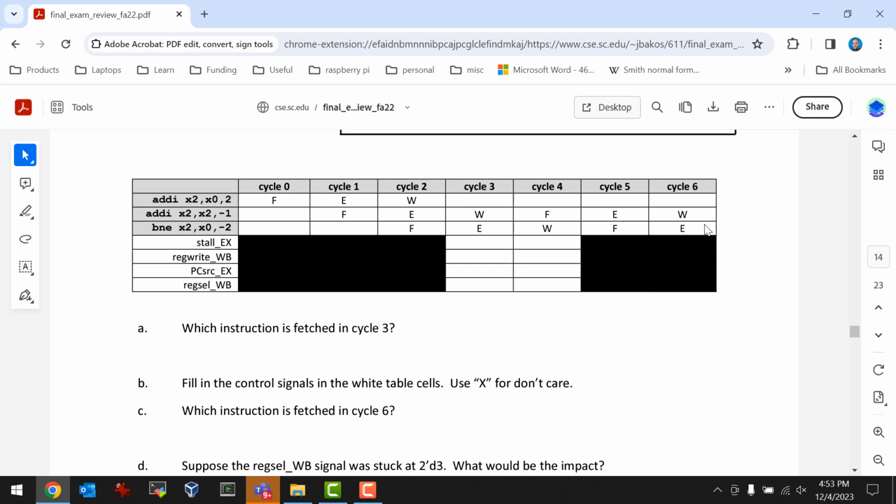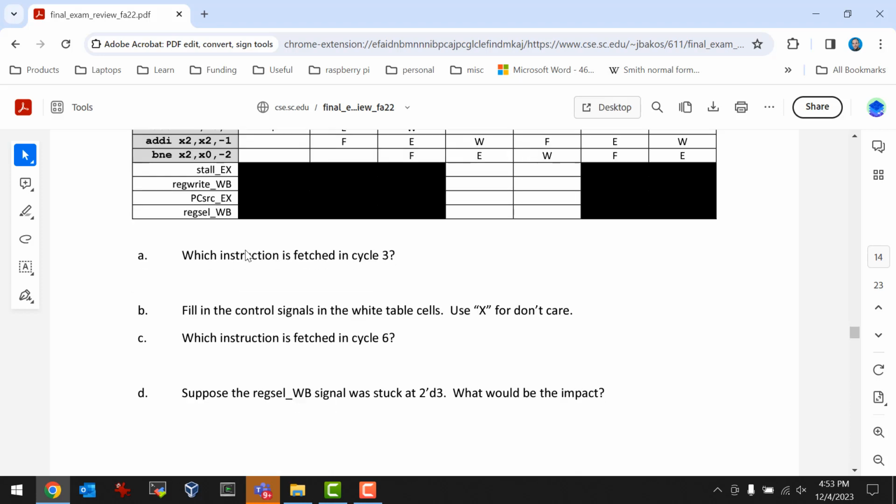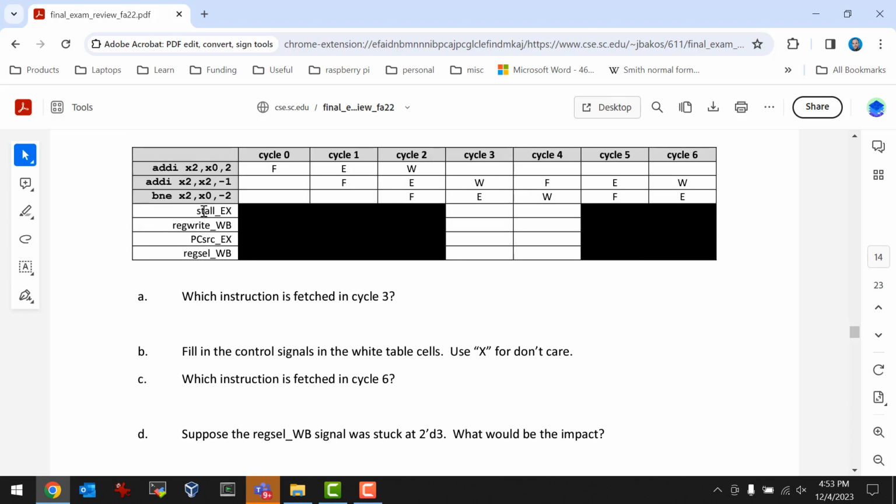Okay. Make sense? Because there's a branch. I was confused initially because I forgot there was a branch in there. Oh, by the way, is this taken both times? I'm assuming it's taken both times. We're going to put 2 in register X2, so that'll be decremented once, and then decremented twice.